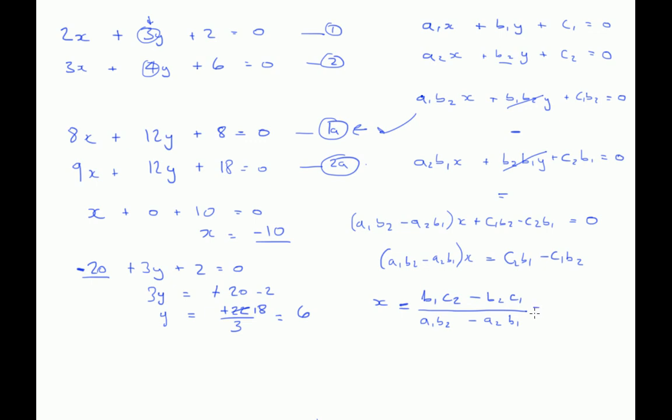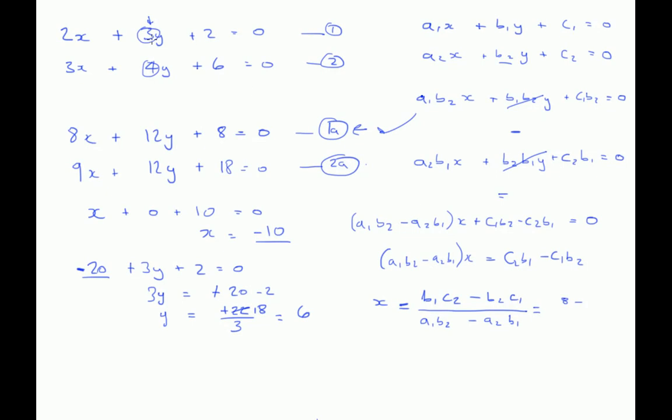So if we take our coefficients in this specific case, then these are the general case. But if we now apply that to the specific case, B1 is 2, C2 is 4, so that is 8 minus B2. Sorry, I've done that the wrong way around.